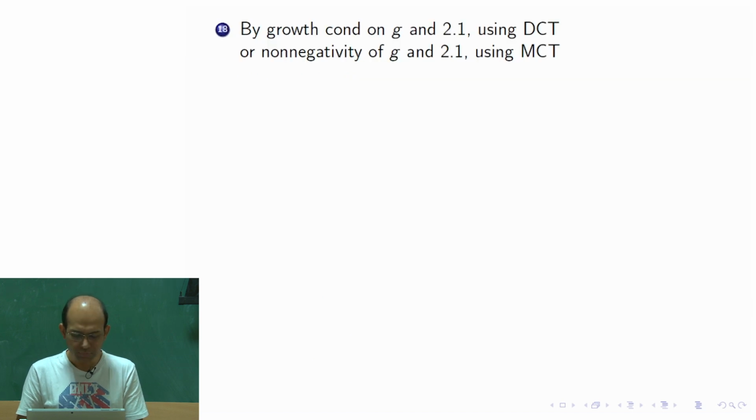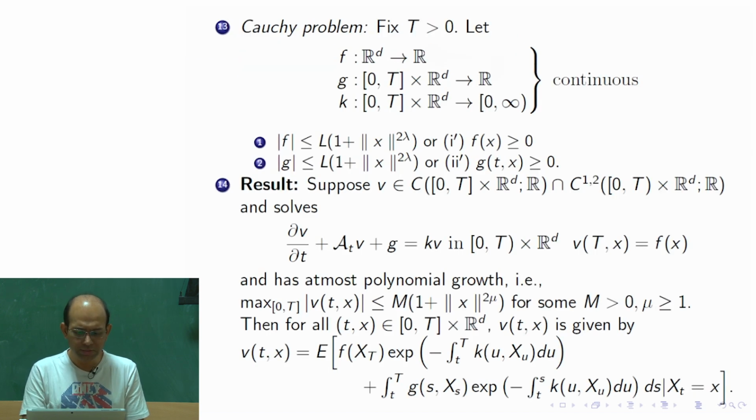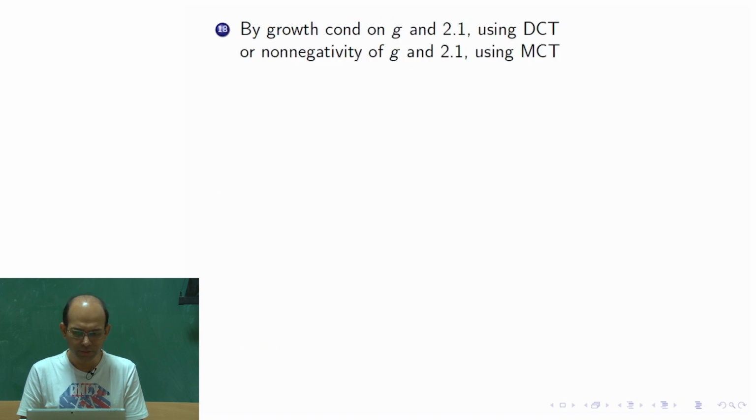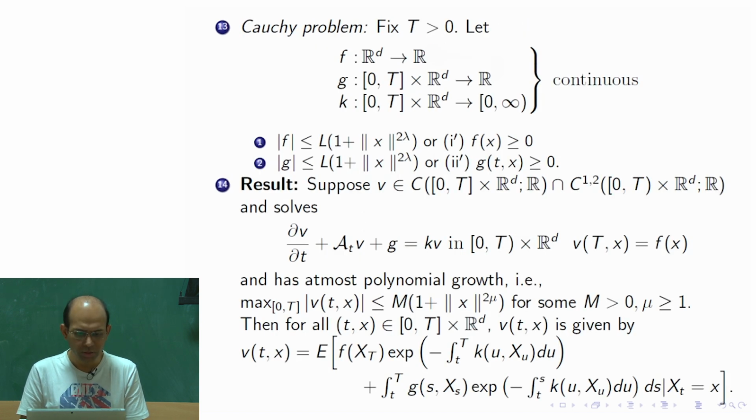Okay. So, now for g, we need to look at the growth condition. g has a growth condition, correct. So here, when I have stated the theorem, I have actually stated two different theorems compactly together.